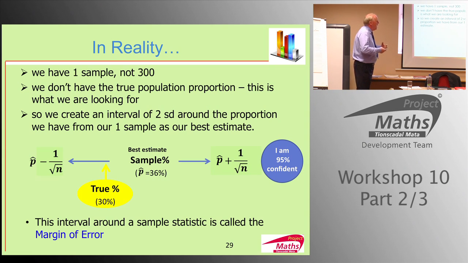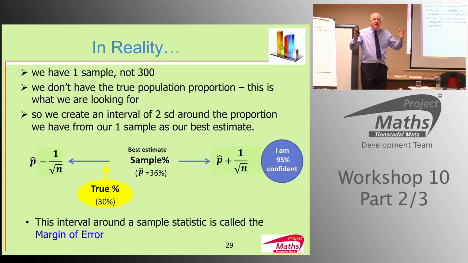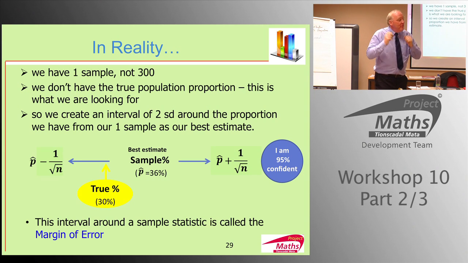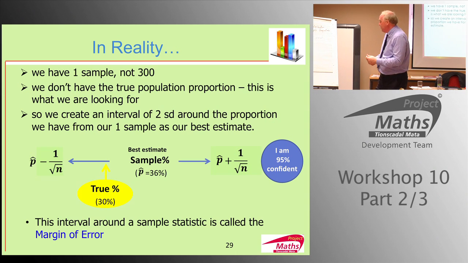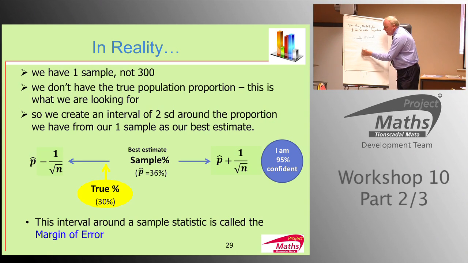So we will create an interval of 2 standard deviations around the proportion we have from our 1 sample as our best estimate. So I'm going to get an interval around my sample proportion. And if we look at it, the sample proportion we had was 28%. So we're going to go around that, up and down, and create an interval.